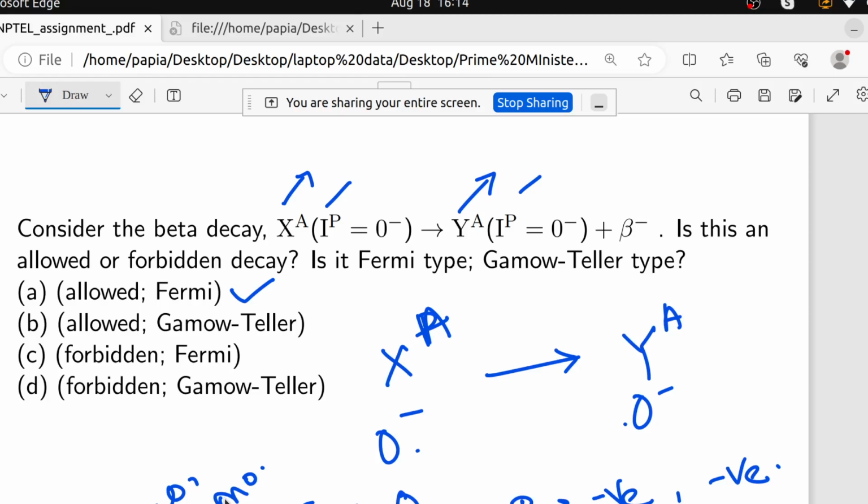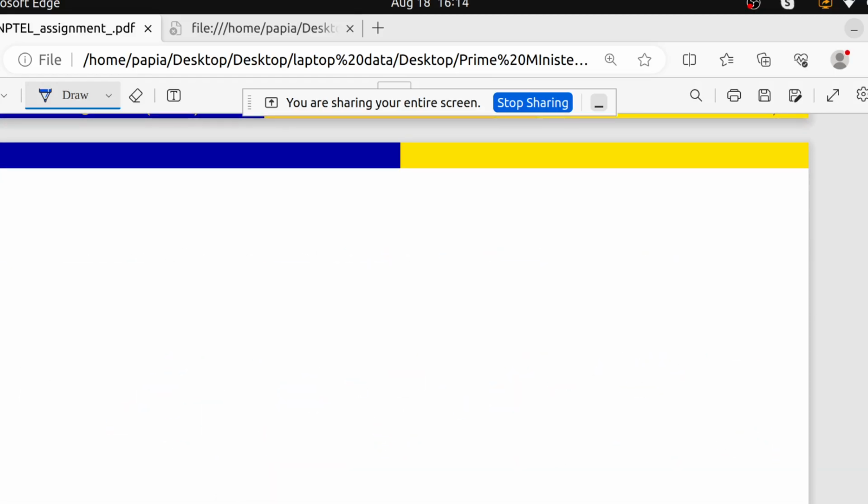Now coming to the next one. Let's say I am giving one example to you. At the very first, the spin-parity was 0 minus, then the product has the spin-parity as 1 plus. Then what will be the condition? Will it be an allowed transition or a forbidden transition?